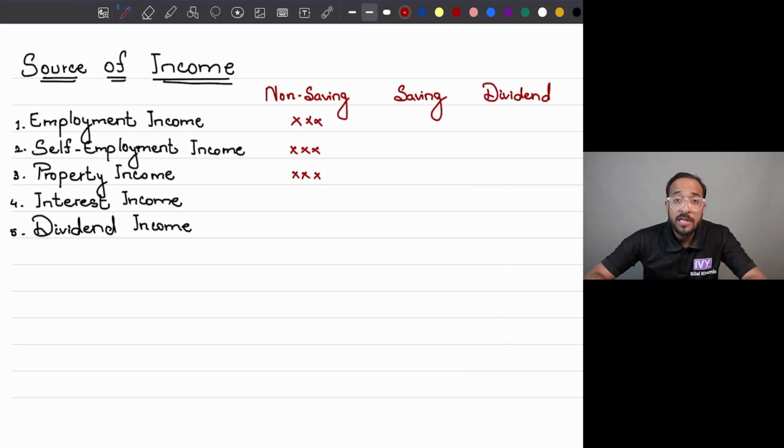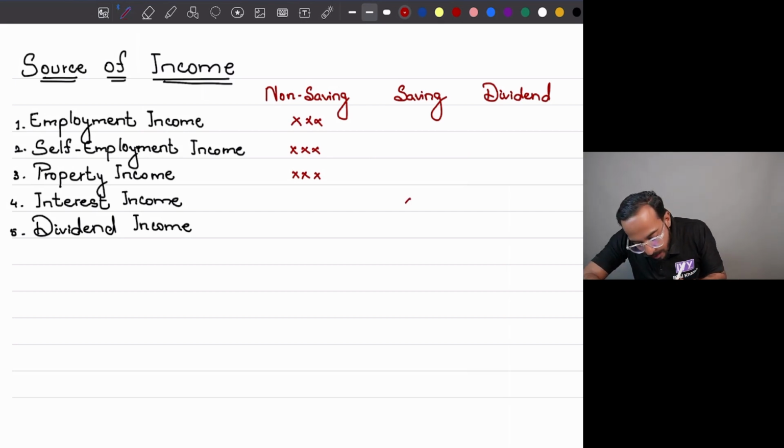You cannot change the sequence of the heads. Let's suppose you are saying that, sir, I want to write first saving income, then non-saving, then dividend. I will not allow you to do that. This is the format. I'll write the name of the format later on, but you need to focus on how to make the format.